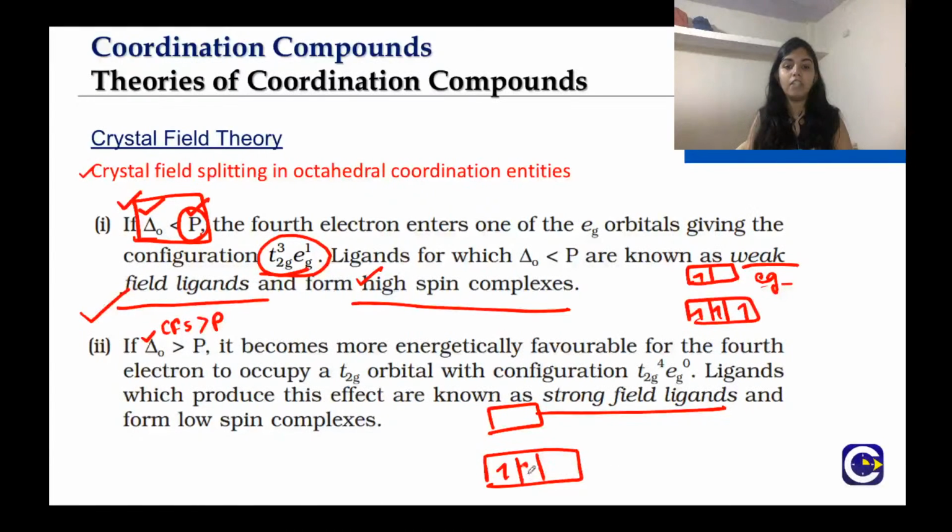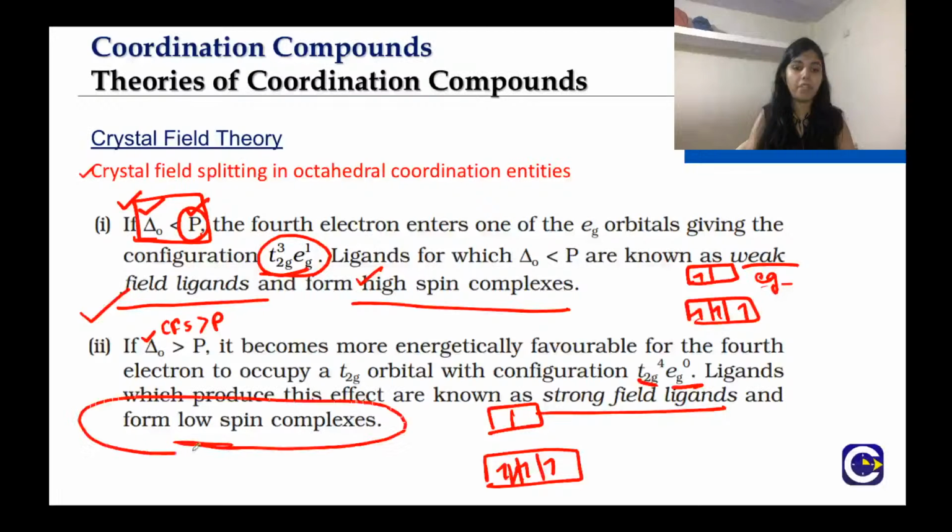So this will become 1, 2, 3, 4 and no electron in Eg. So this will be T2G4 Eg0. These ligands are known as strong field ligands, and these complexes form low spin complexes. These complexes are known as low spin complexes in which the T2G is completely filled first and then you will fill Eg, that is known as low spin complexes. Is it clear to all?